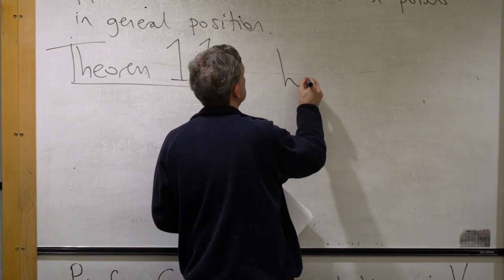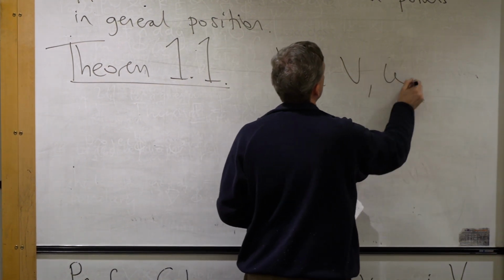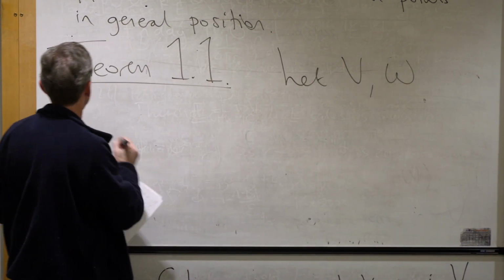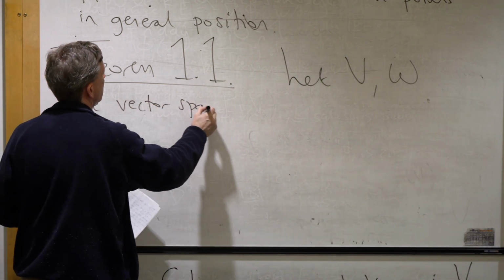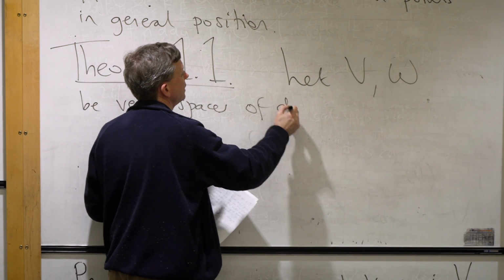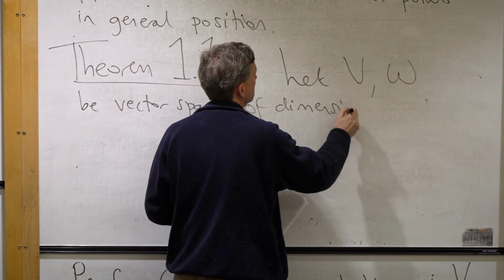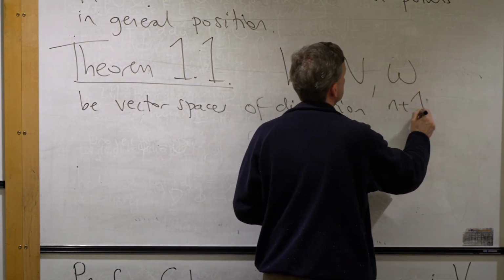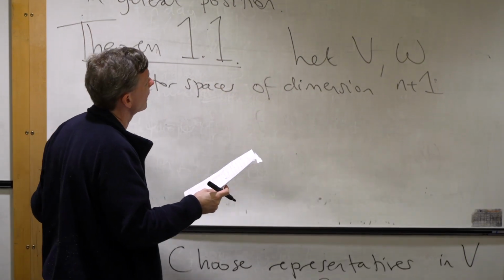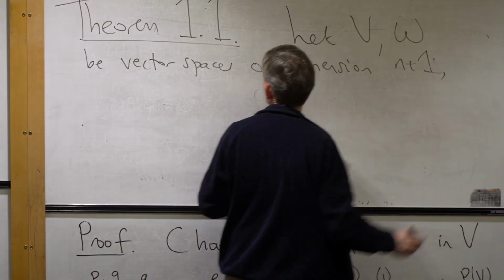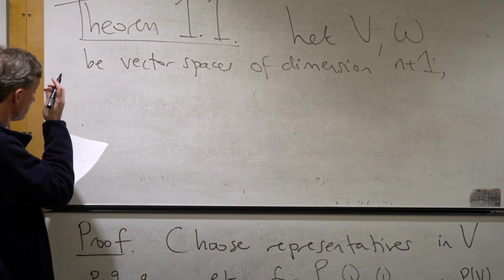Okay, so let big V and big W be vector spaces of dimension n plus 1 over the same field implicitly. We don't care what the field is, this is true for any field.